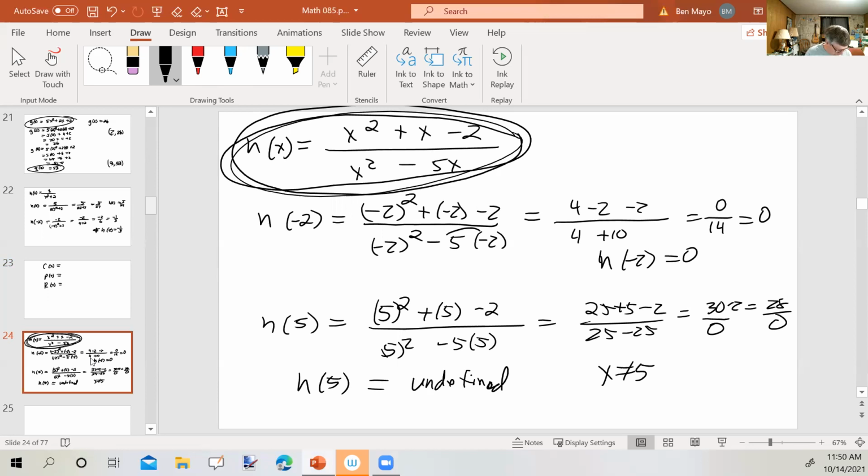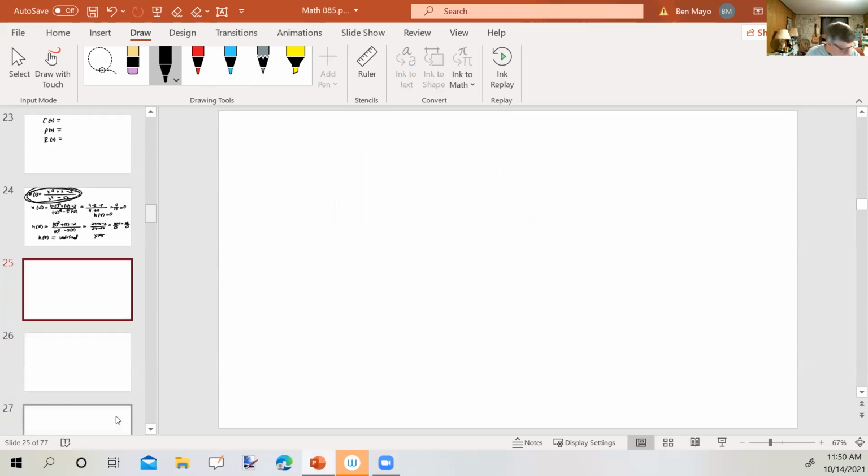Okay. Let's see here. Let's say that g of x equals 2x. Then what would g of w equal? Well, we just put w in the place of x, so it would equal 2w.